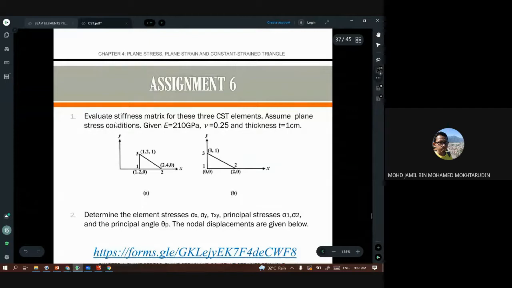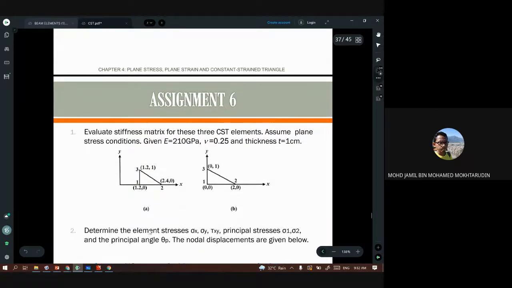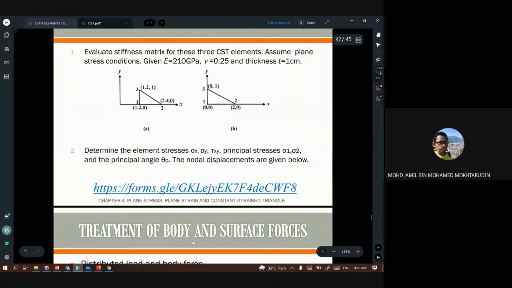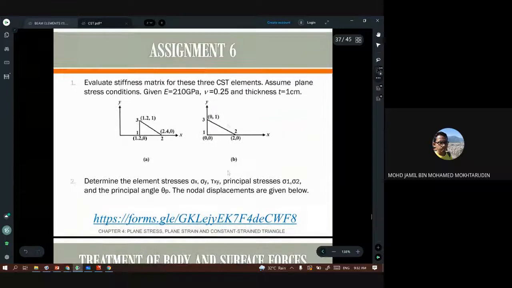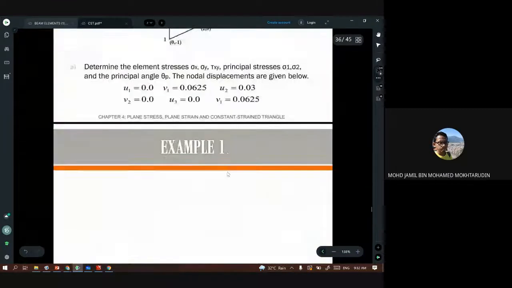Evaluate the stiffness matrix for triangle A and triangle B. Similarly, assume plane stress condition, given E is 210 gigapascal, V is 0.25 and the thickness is 1 cm. Then determine the element stresses, principal stresses, and principal angle. For the nodal displacement, assume similar to this one.